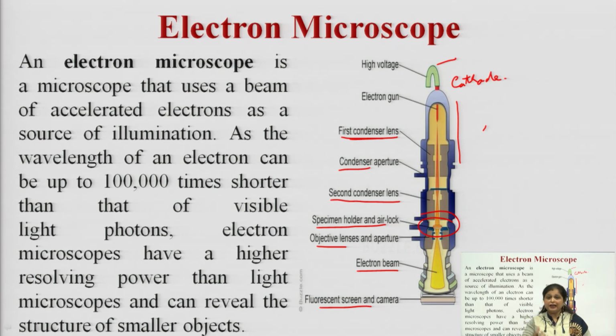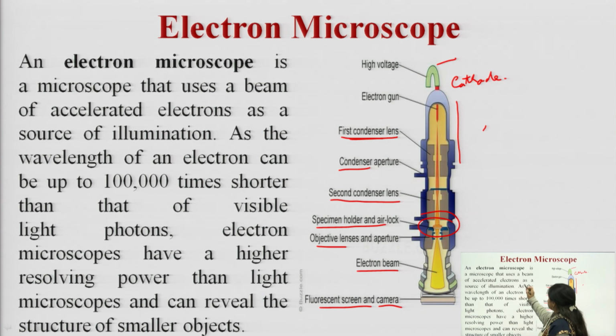The whole beam which passes through the specimen is collected with the help of the projector lens towards the fluorescent screen, and whatever specimen you want to see will be visible on the projected screen. That may be a camera screen or a computer screen. You will be able to see those species.